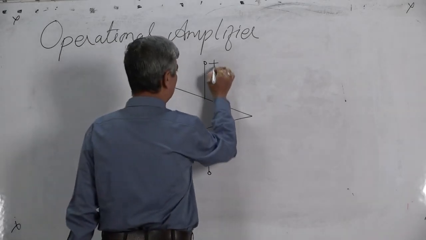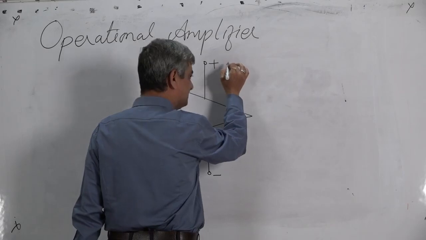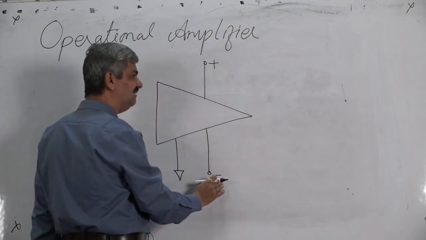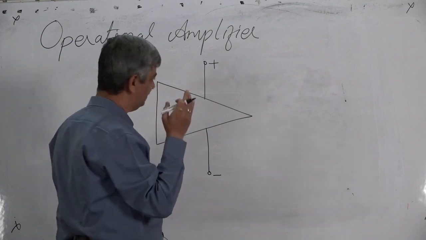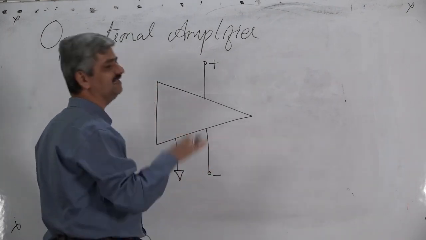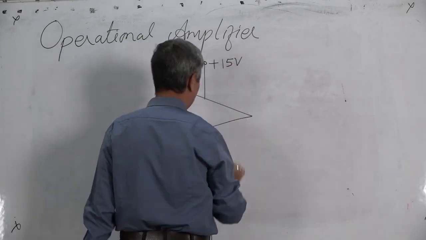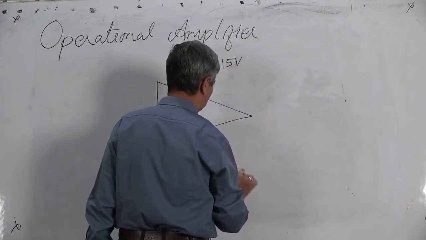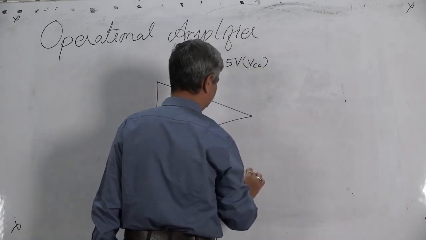It operates on a plus supply and a minus supply. It is plus VCC and minus VEE, but there is a convention that it is also denoted as minus VCC only, and normally it is taken as 15 volt. So, unless otherwise specified, we choose it to be plus minus 15 volt, but it is called plus VCC and minus VCC.